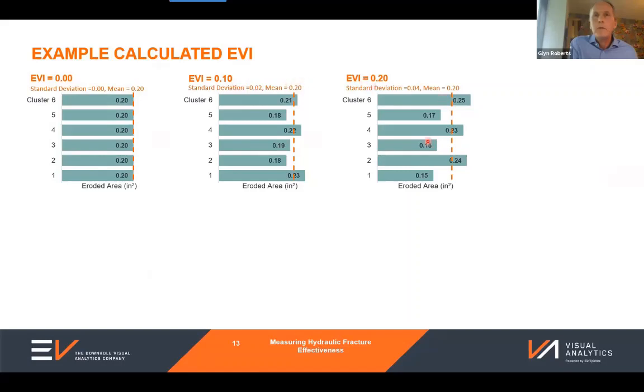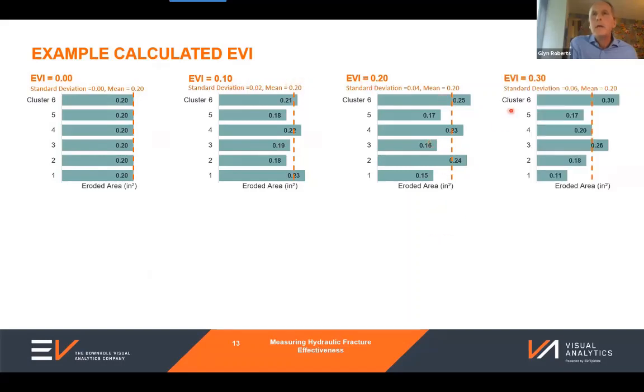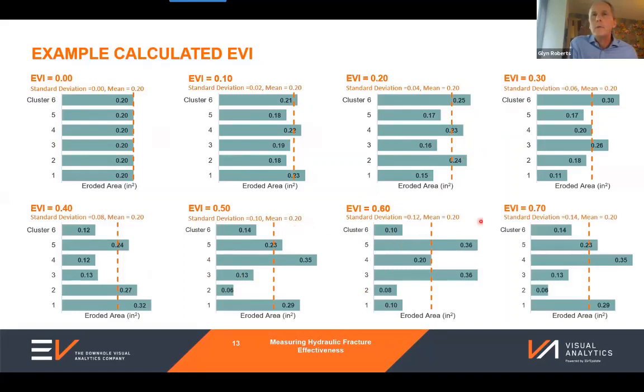So I've put some examples in here, going all the way up to 0.7 on this page. I should say there's only one way to get an EVI of 0, and that's for every cluster to have exactly the same value. You can get an EVI of 0.1 or any of the other values in various ways. These values can change, and yet you can still get a value of 0.1.